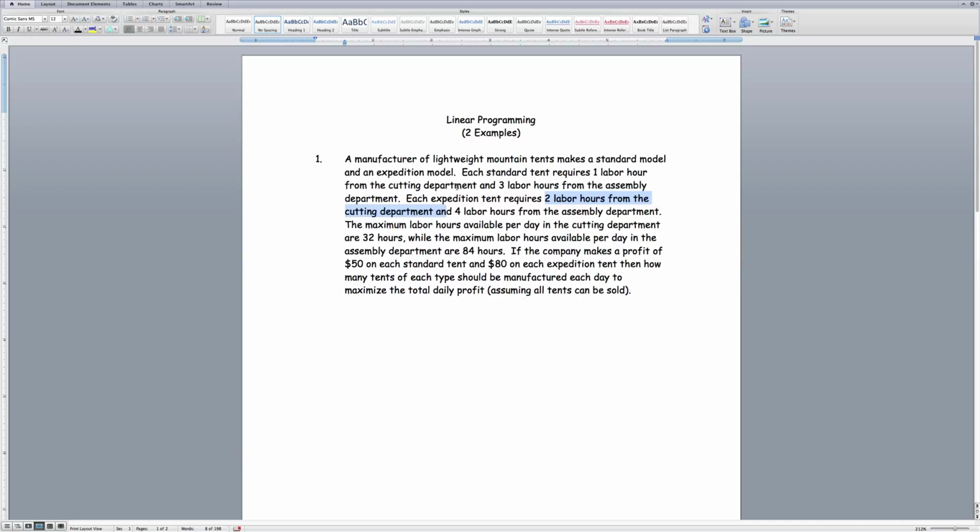So the maximum labor hours available per day in cutting is 32. So we know that the cutting time for the standard tent and the cutting time for the expedition tent, when we add those together, has to be less than or equal to 32.